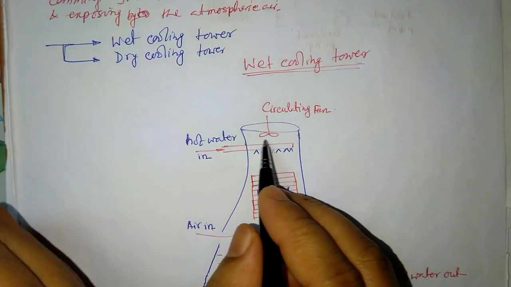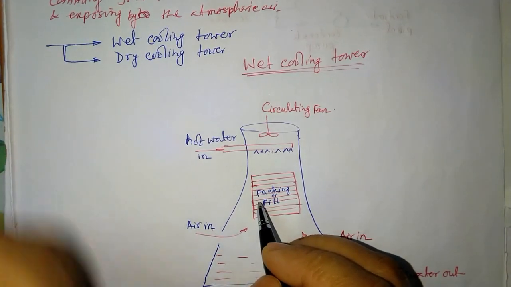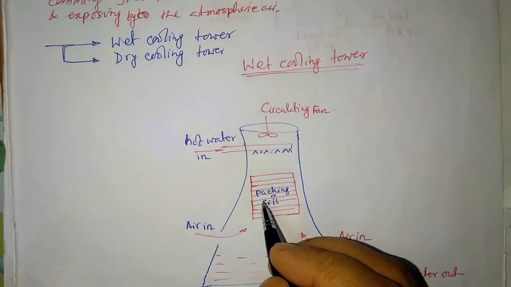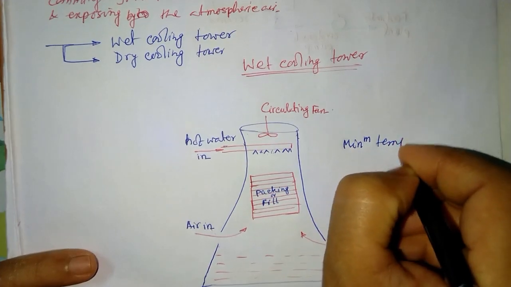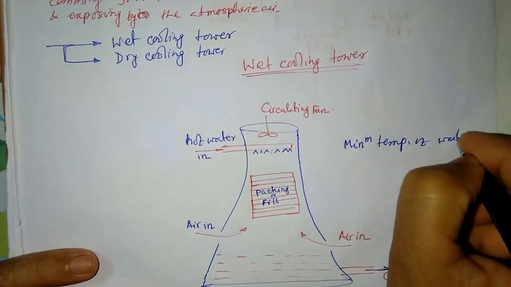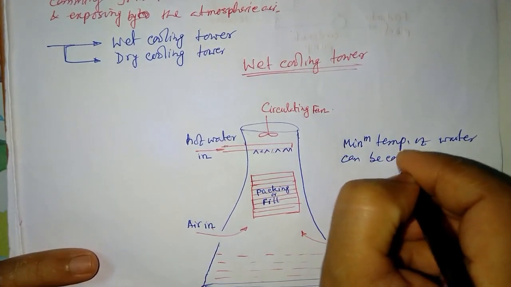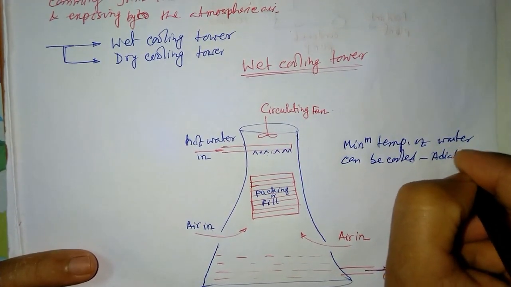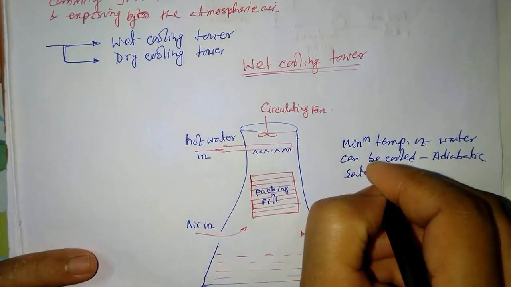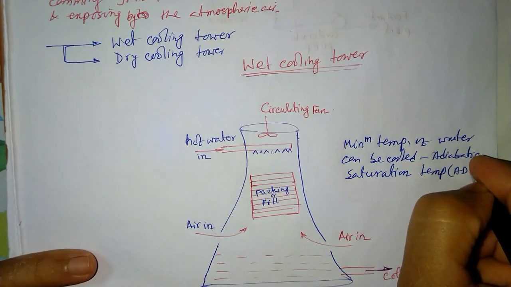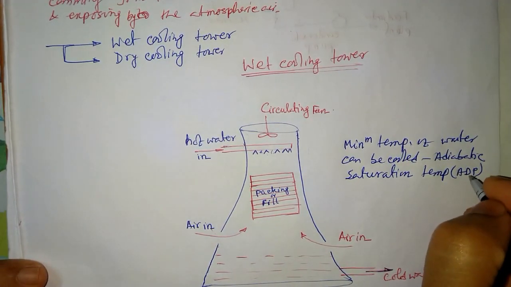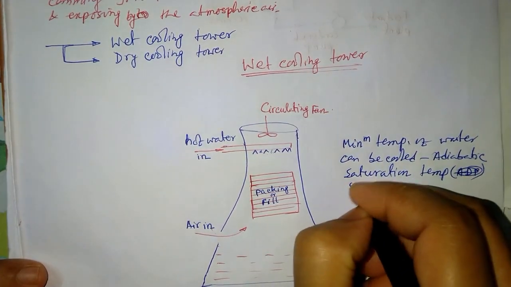Our water is losing heat to the air, so up to which temperature will that transfer of heat go? It is seen that the minimum temperature to which water can be cooled is the adiabatic saturation temperature, or in short form ADP, or it is also known as wet bulb temperature.